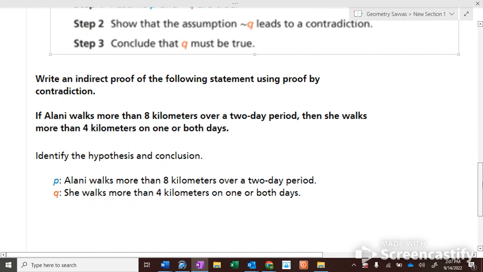So, let's look at this. If Eleni walks more than 8 kilometers over a 2-day period, then she walks more than 4 kilometers on one or both days. So the hypothesis is Eleni walks more than 8 kilometers over a 2-day period. The conclusion is she walks more than 4 kilometers on one or both days.